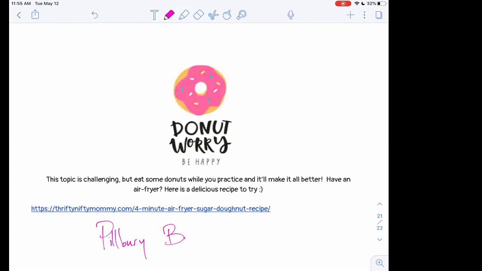Pillsbury biscuit dough. All right, so if you go to, I don't even know what section it is in the grocery store, it's like by the butter maybe, I don't know. But anyway, if you buy a roll of the Pillsbury biscuit dough, you can actually make donuts in your air fryer super, super fast.